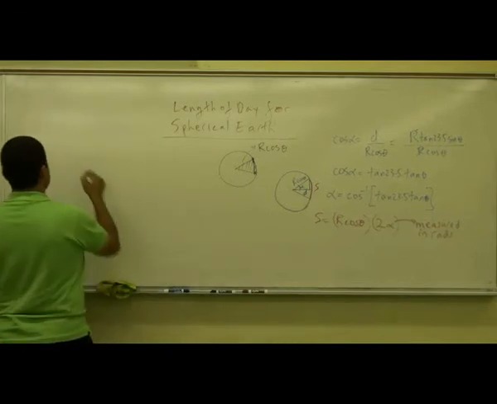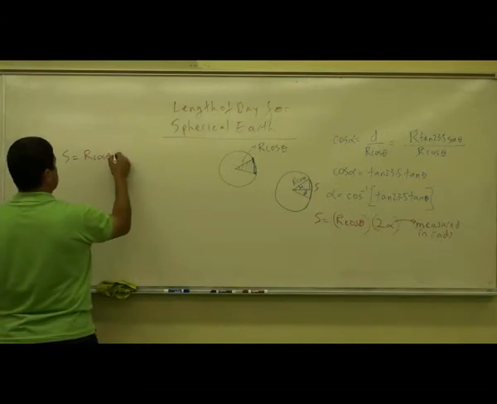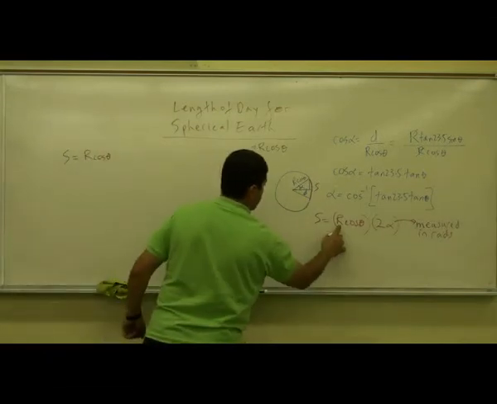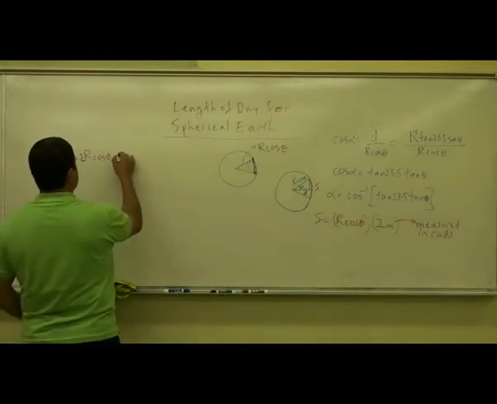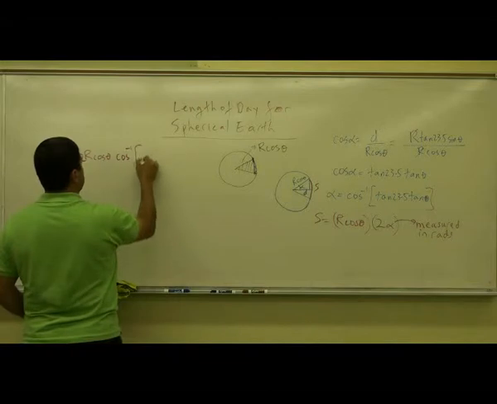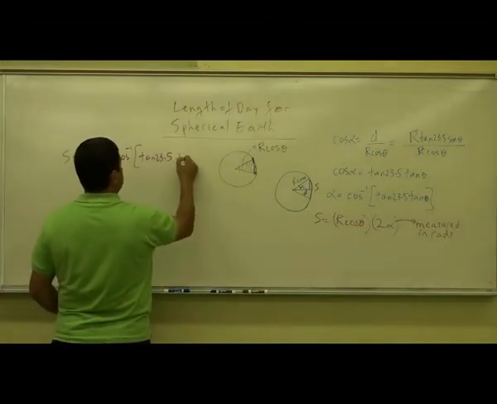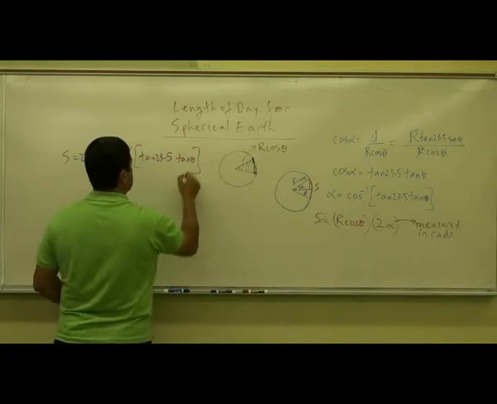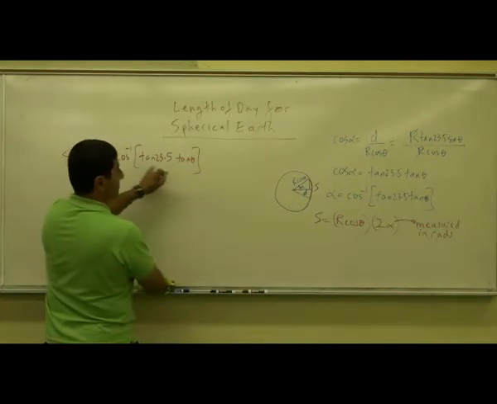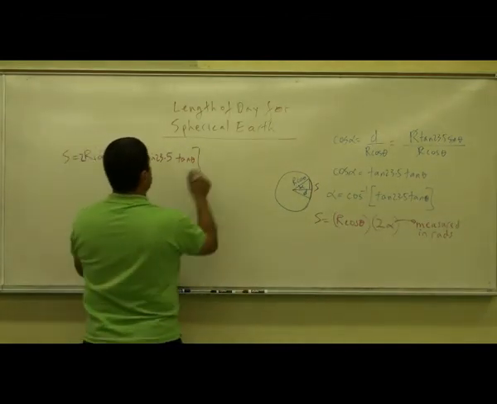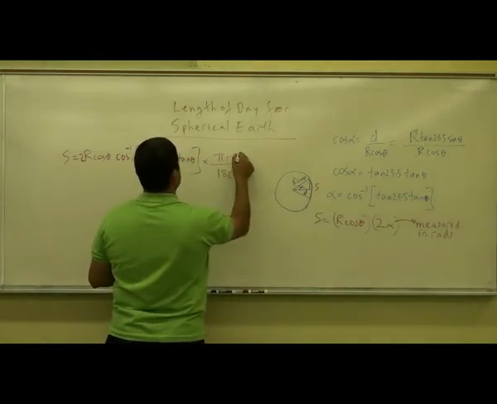S is equal to r cosine theta times, and then this 2 we can just bring here, 2r cosine theta, and then alpha is going to be cosine inverse of tangent 23.5 tangent theta times, now this is going to give it to us in degrees, and then we can say 180 degrees is pi radians.